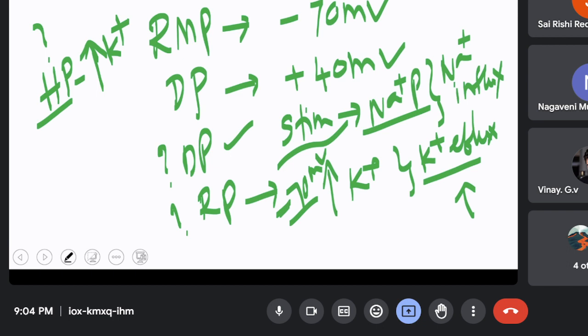Even when it reaches minus 70 from plus 40, as the potassium permeability is more, as more potassium channels are opened, there is more potassium efflux, which results in hyperpolarization. So after hyperpolarization, what should happen?